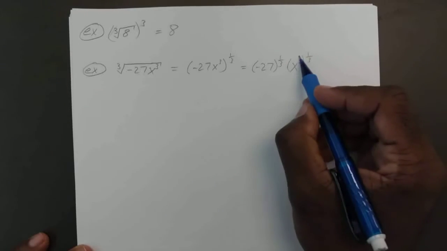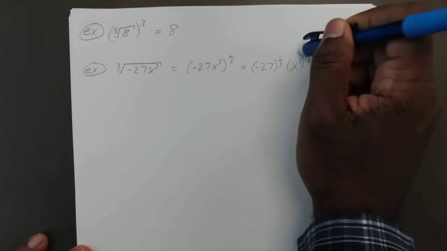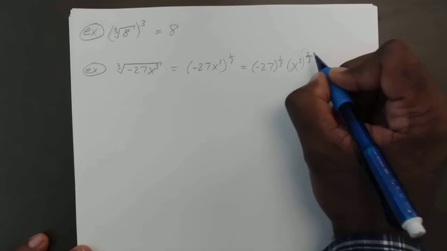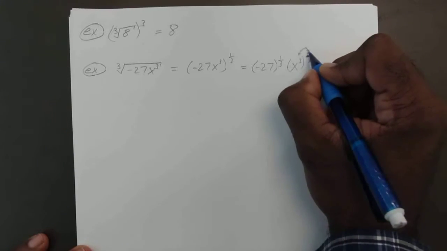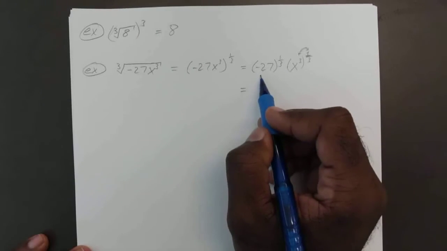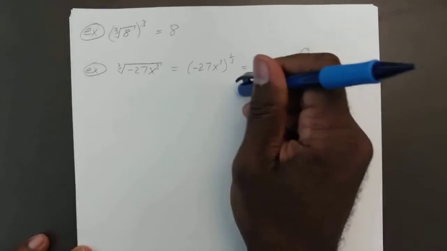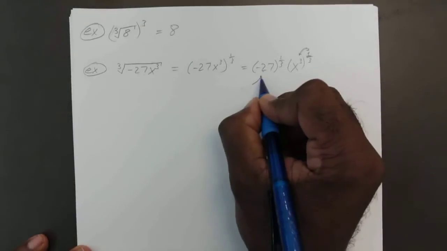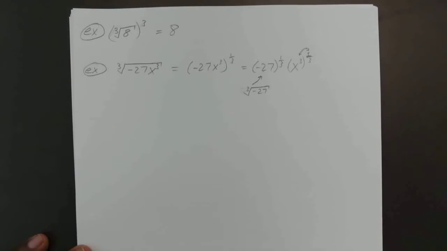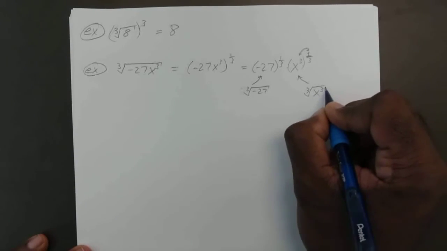Okay, and when you add these two together, it becomes 1. So that actually gives us the cube root of negative 27. Let me go ahead and rewrite that. Remember, that's just the same as the cube root of negative 27, and this is just the same as saying the cube root of x to the third.